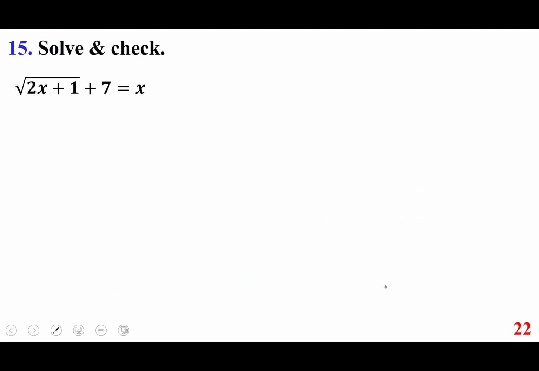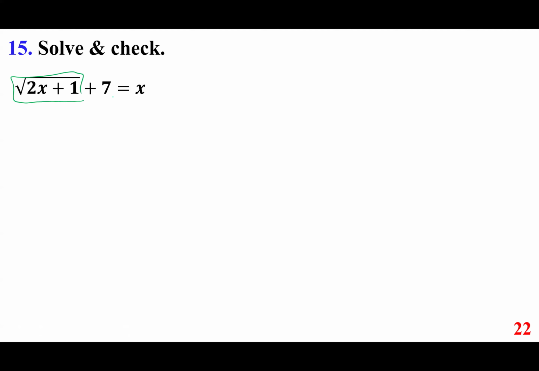Solve and check: the square root of 2x plus 1, plus 7, equals x. Root equations, square root, cube root, you name it, work pretty much like absolute value equations. You isolate them. So this must be isolated.